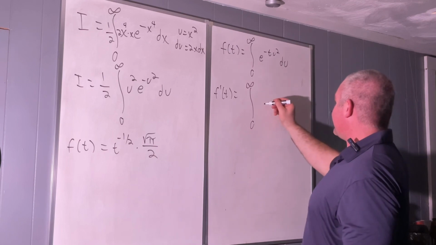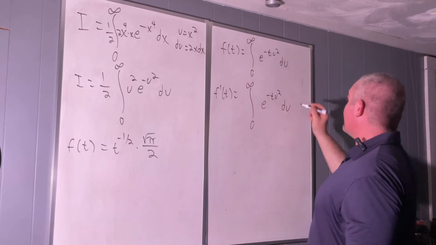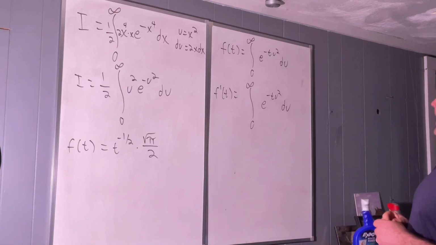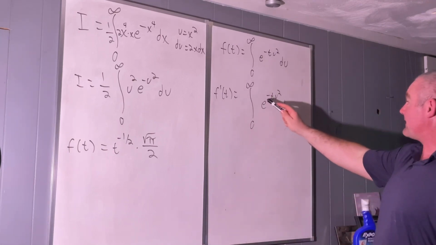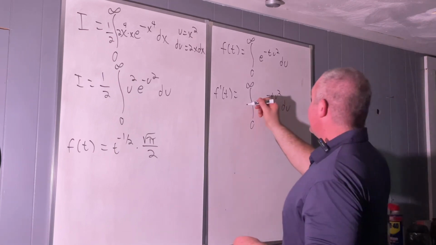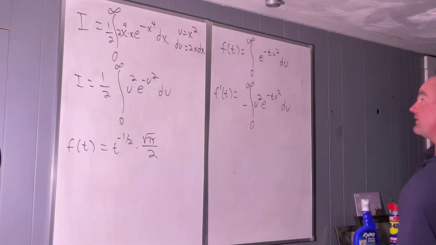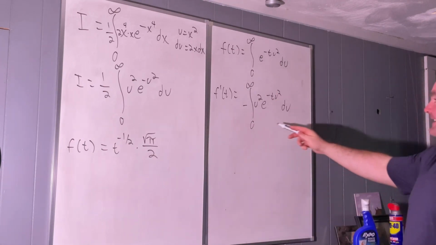We'll still have the e to the negative tu squared du, but now we'll have times the partial with respect to t of negative tu squared. Well, that would just be negative u squared. All right, so there's our f prime of t as an integral.